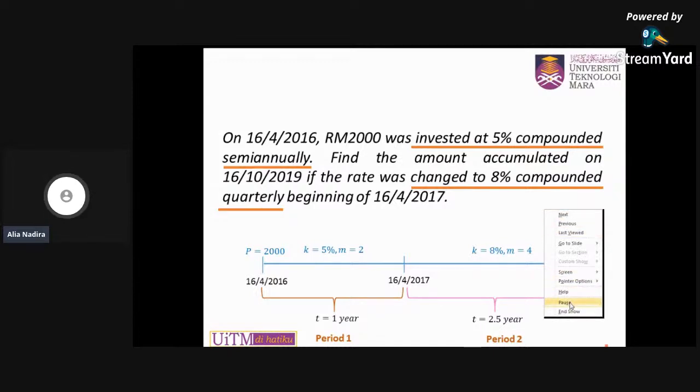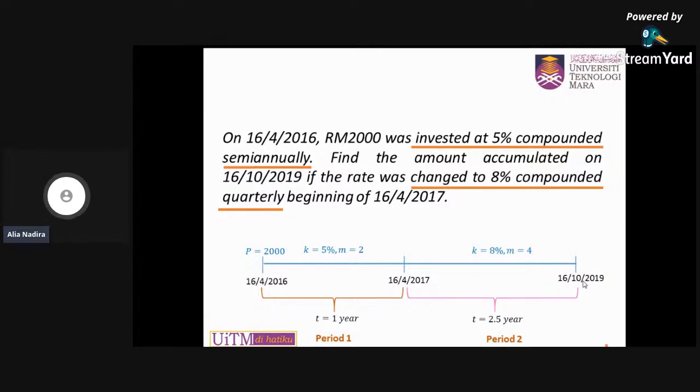Okay, same goes for this example. We have two values of M. K is 5% for the first period, with M is 2 for the first year, and then for another period we have this one. So what you need to do is calculate from 16th of April up until 2016, and from 16th of April 2016 until 16th of October 2019.